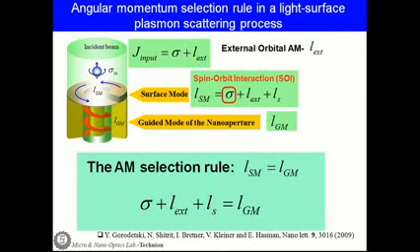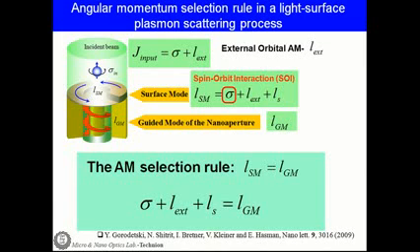In order to couple the surface wave into the plasmonic guiding mode with high efficiency, we must satisfy the angular momentum selection rule: the L of a surface mode must be equal to the L of the guided mode.